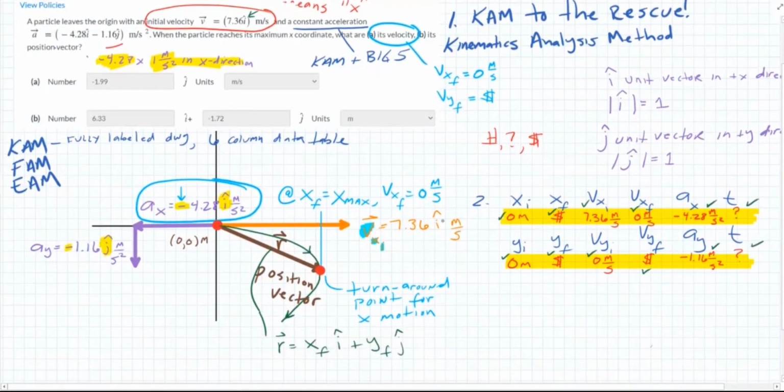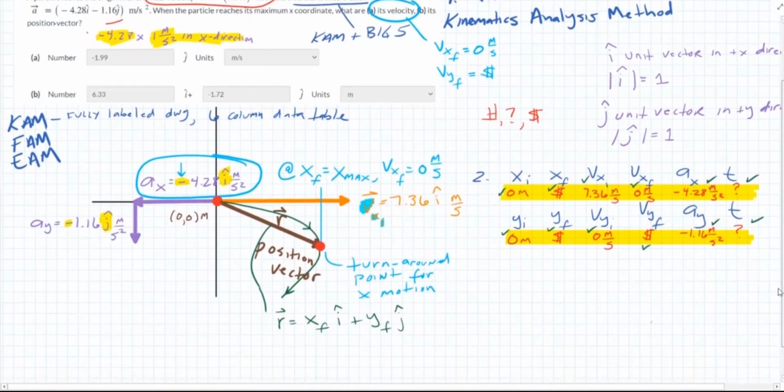So I'm done with this exhaustive setup diagram with vectors and subscripts. I'm done with my kinematics table. And then it's back to the kinematics analysis method, which now says play the big 5 game. Playing the big 5 game means: which big 5 equation contains the variable you need to find, with all other variables known.